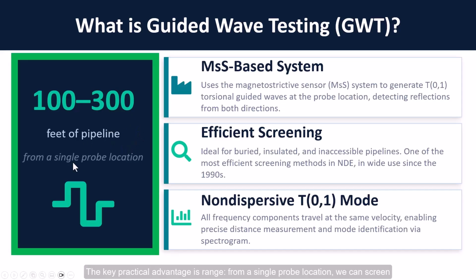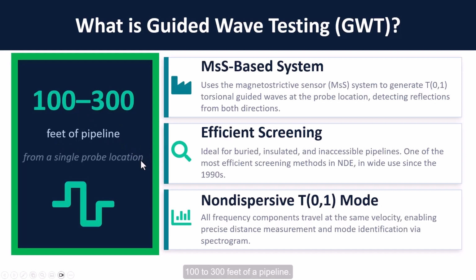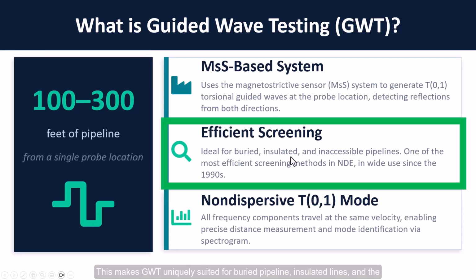The key practical advantage is range. From a single probe location, we can screen 100 to 300 feet of pipeline. This makes GWT uniquely suited for buried pipeline, insulated lines, and sections that are otherwise difficult to access.